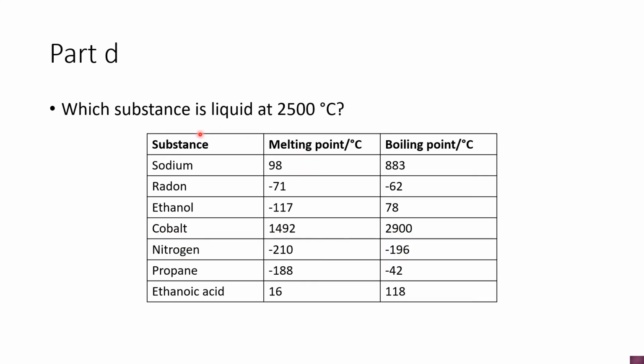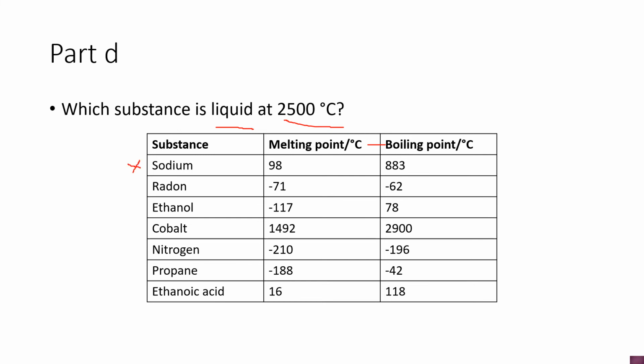Part B. Which substance is liquid at 2500 degrees Celsius? Now we've discussed in part A as well when is the liquid. It is between melting and boiling points. So which substance is liquid at this temperature we have to refer.